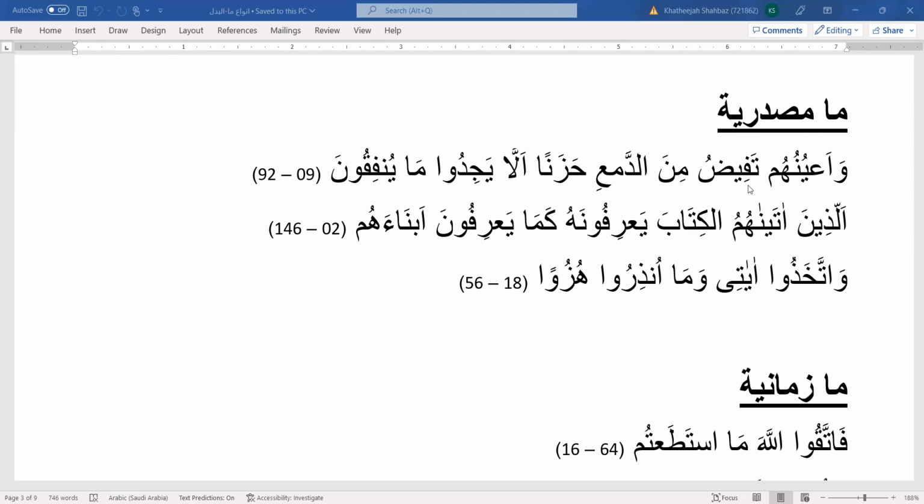And their eyes overflow from tears, out of grief, because of grief, that they do not find. If I translate it as what, it means what they spend. So I translate again.